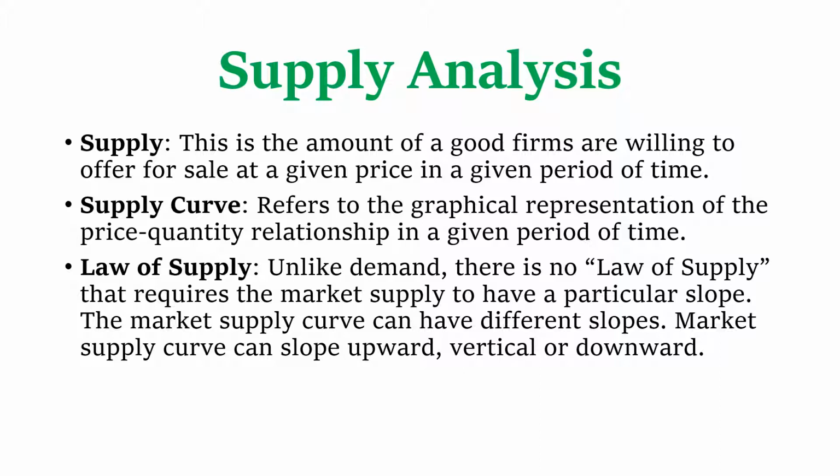Unlike demand, there is no law of supply that requires the market supply to have a particular slope, right? So the market supply curve can have different slopes. You have backward-bending supply curves, you have vertical, you have downward, you have upward-sloping supply curves, right? So there is no particular law here. Okay, so supply curves can have different slopes.